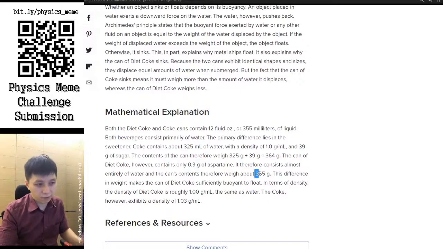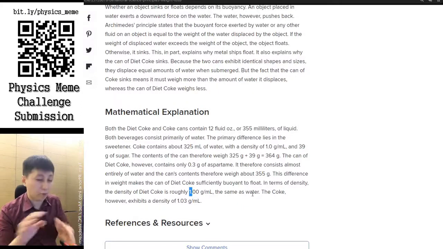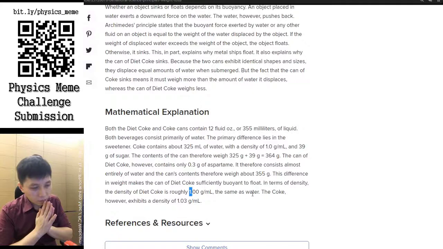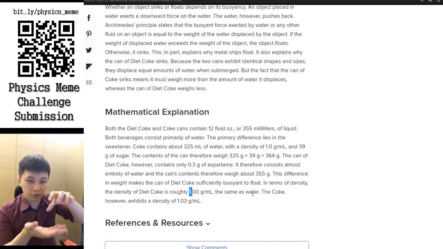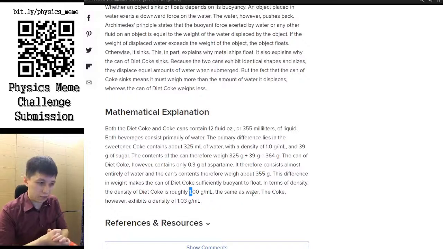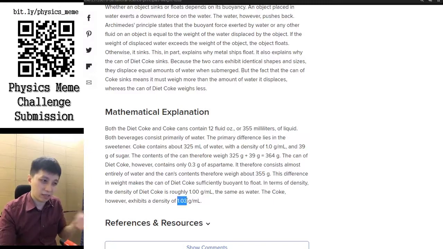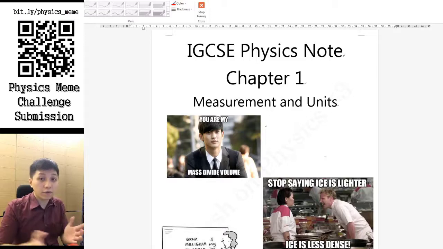So 355 grams roughly, and so that will make its density very close to water, which is still 1.00, and therefore it is able to float on top of the water. And so for the Coke, it would not, because the density is just slightly higher than the water itself. And that is all for chapter 1.